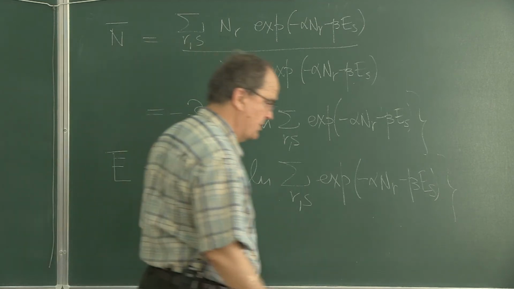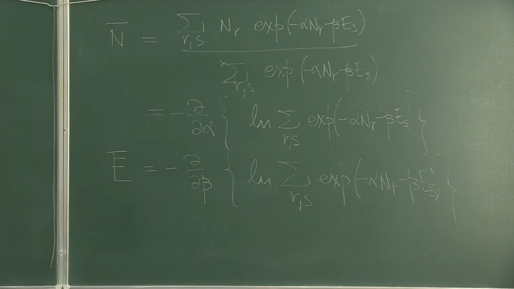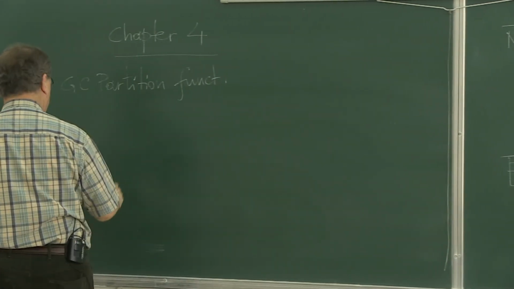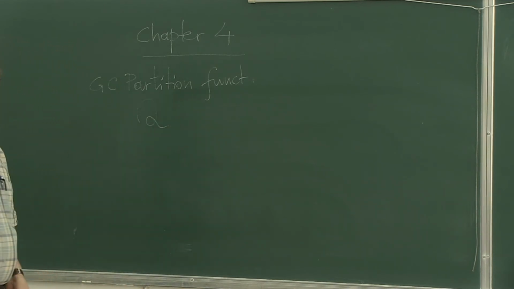Let's write that explicitly as the partition function, the grand canonical partition function. How should I write this? Is it curly Q? It's better to write it this way, probably.